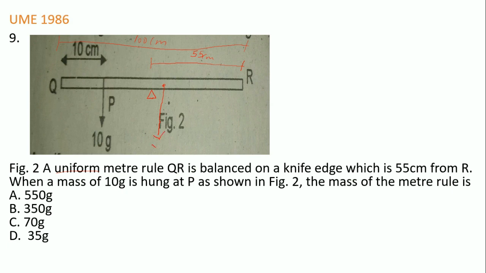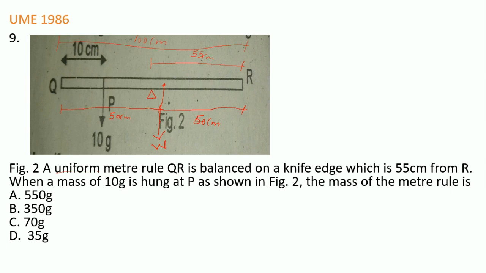So the weight of this object is going to act in the middle, and that means from here to here is going to be 50 centimeters. Likewise, from here to here will be 50 centimeters. So I've got that there.